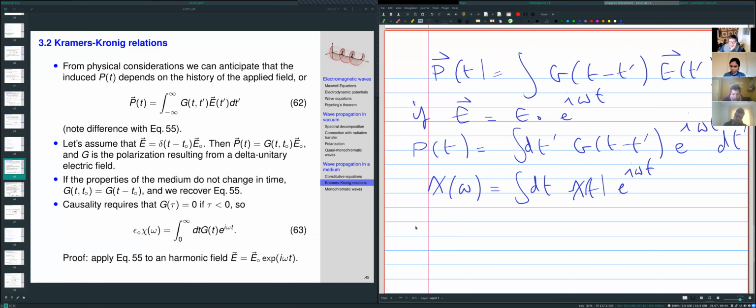So we have that P of t is epsilon 0 chi of t times E0 e to the i omega t.